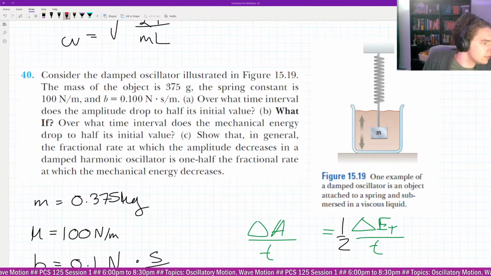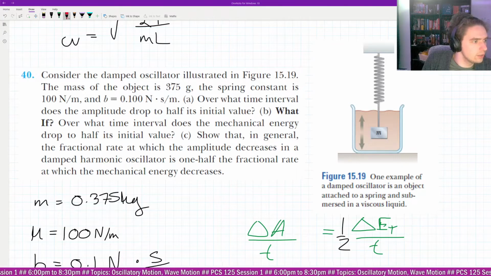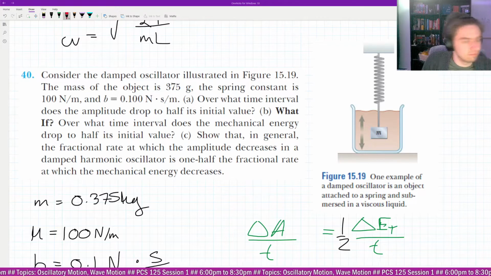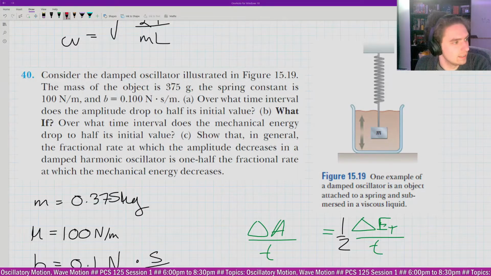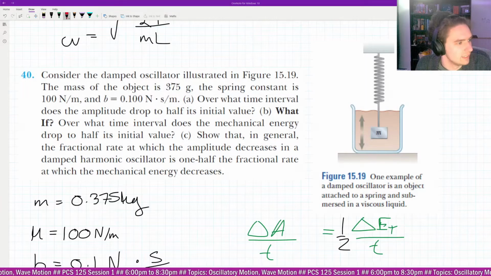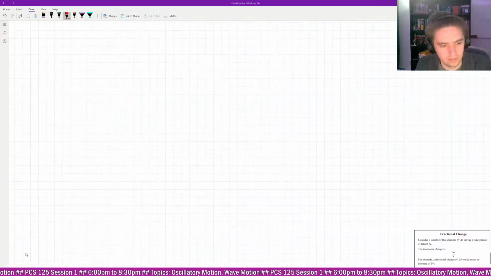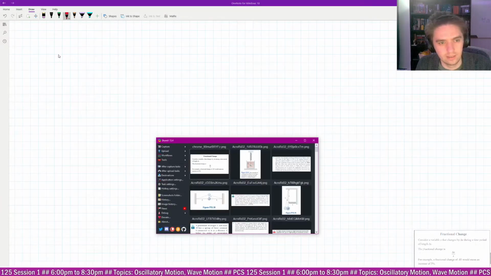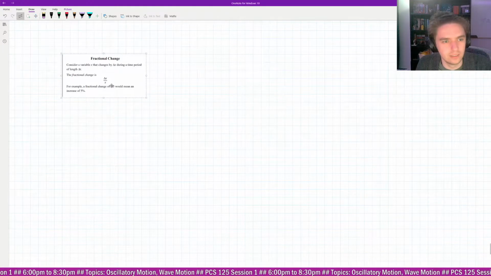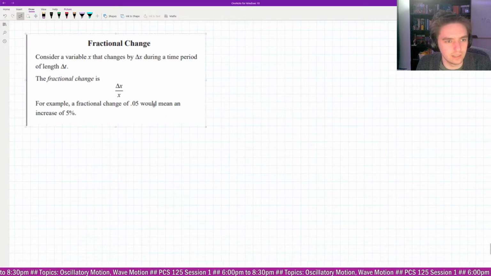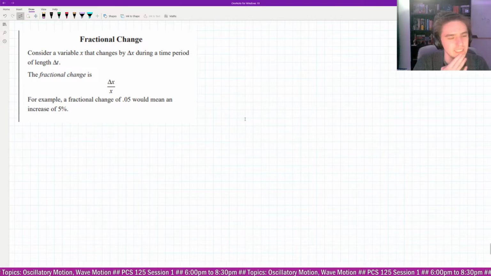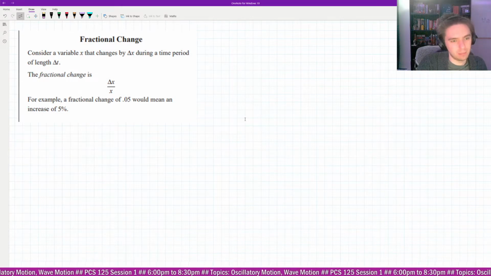Yeah, it just means, it doesn't mean what I'm saying. Fractional change. Oh no, there you go. I just got this from online. Fractional change. Consider a variable x that changes by dx during a period delta t. The fractional change is delta x by x.